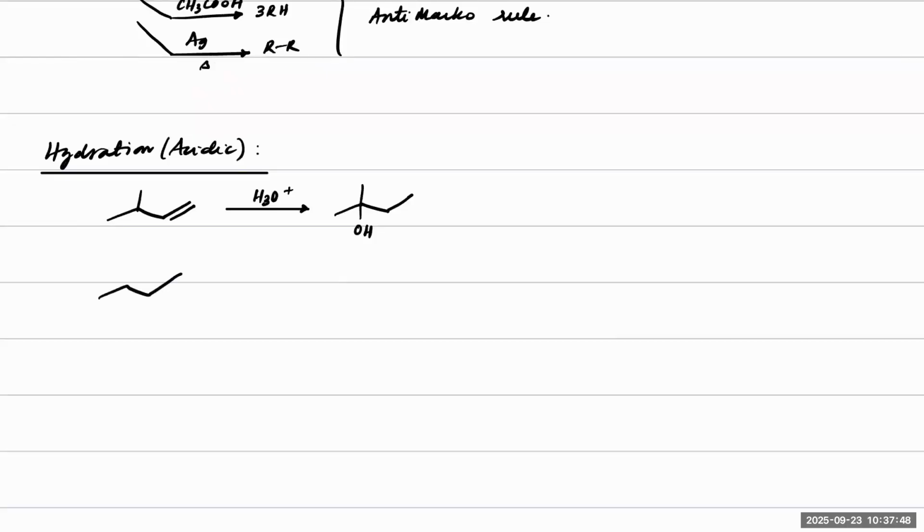How is that? The pi bond will attack on H plus. Following Markovnikov's, it will get a carbocation. That carbocation will undergo rearrangement, and finally water will attack on this position, and that's how we will get an alcohol form. So what we are getting is a 3-degree alcohol.